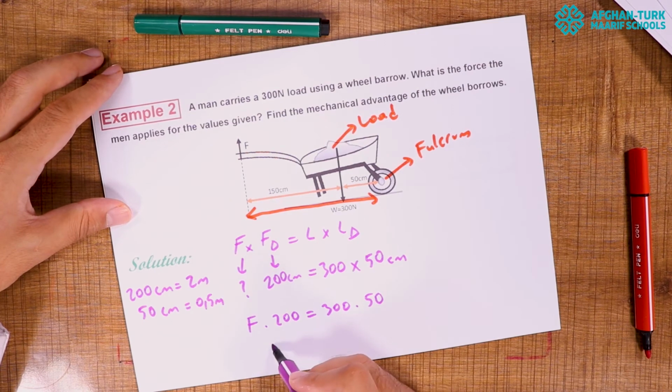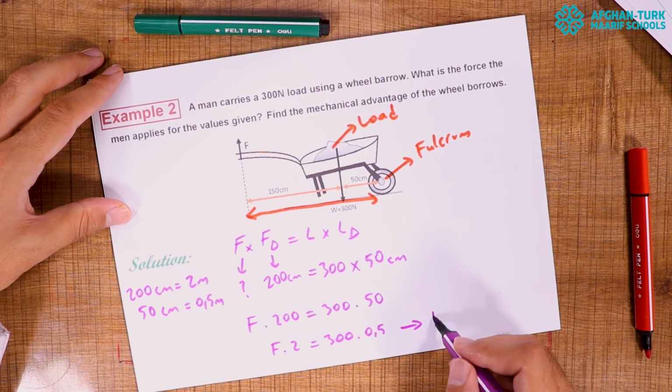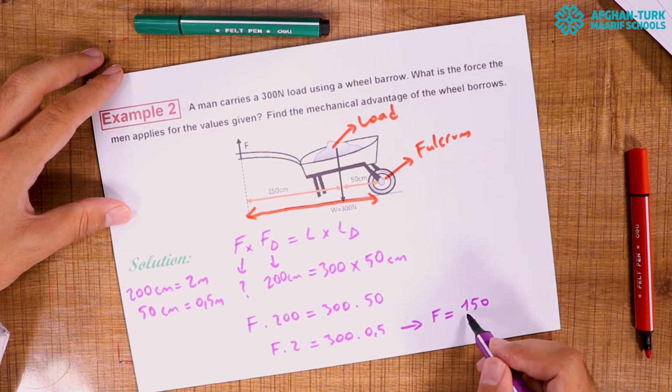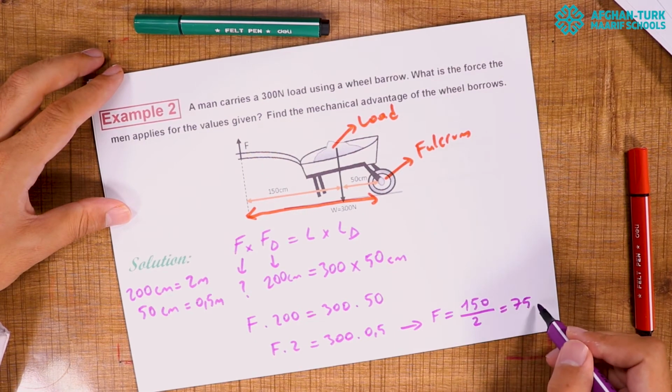So F times 2 equals 300 times 0.5. And from here, I can find my force as 150 divided by 2, which is 75 Newton.